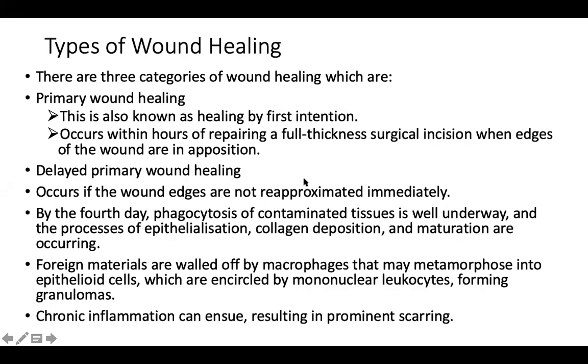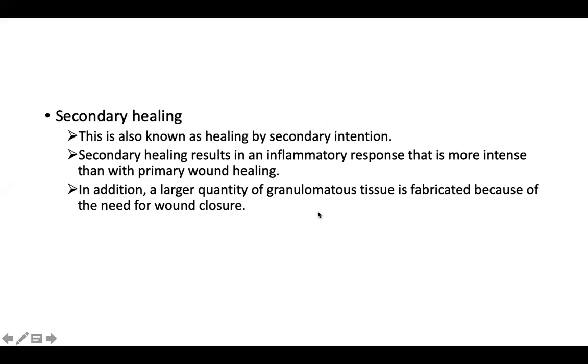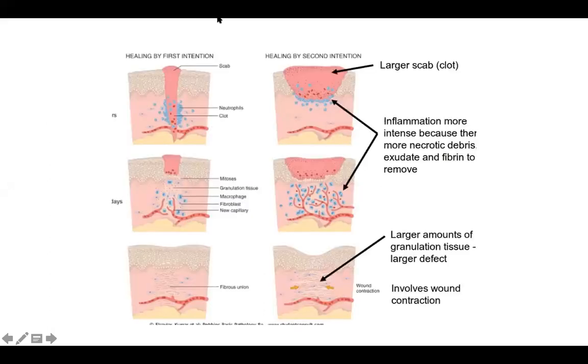Mwingine anauliza, Dr. Samani vipi kama mtu akafanywa operation na baada ya kupona mishono ikavimba, hiyo ni primary wound healing au secondary wound healing? Primary wound healing, tunasema kitu kinachodominate ni process ya regeneration au process ya scar formation?